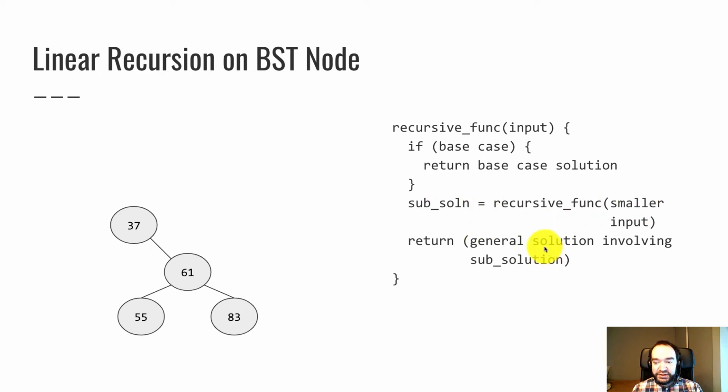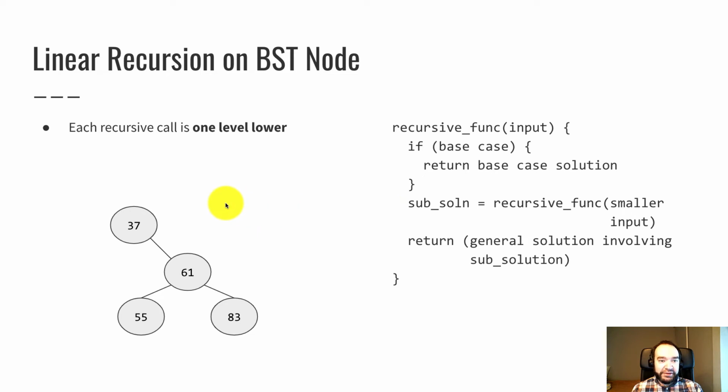You get a sub-solution and incorporate that to make a general solution. A binary search tree node has 2 pointers, so we could go in 2 directions. If we're at 61 here, we could go left or we could go right, and that's what we're going to do in this recursive function call: go either into the left pointer or into the right pointer. So every recursive call is one level lower.